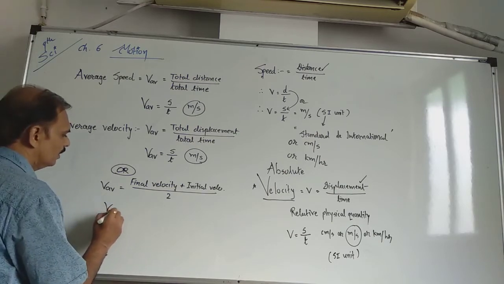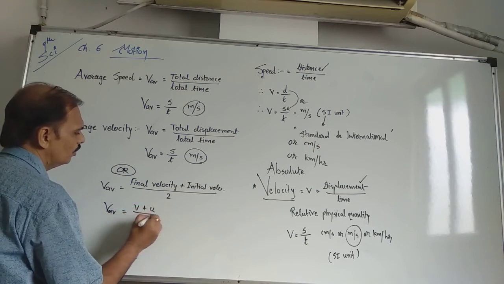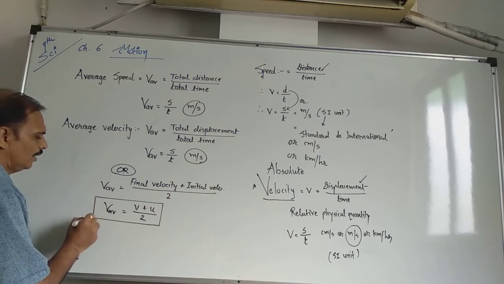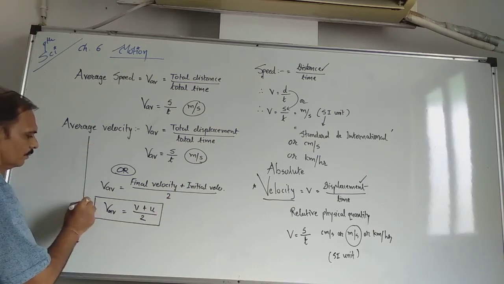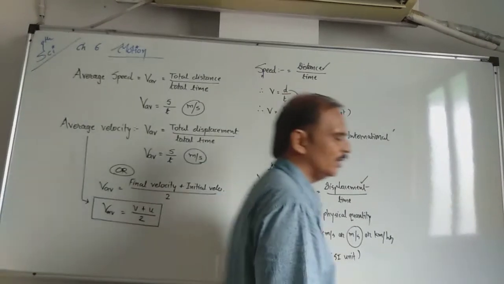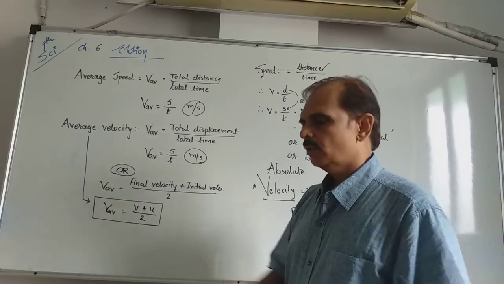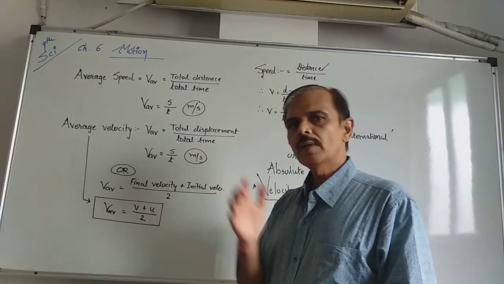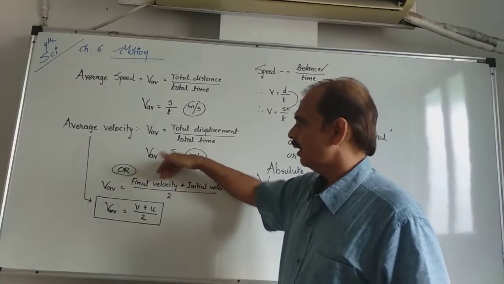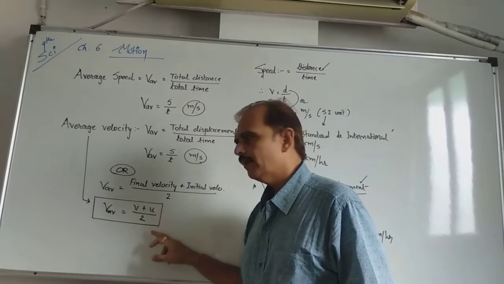Remember, final velocity is denoted as V, initial velocity is denoted as U, upon 2. This is the formula to find out average velocity. Just like your first term marks and your second term marks divided by 2 is the average marks, in this way the sum of final and initial divided by 2 is called the average.